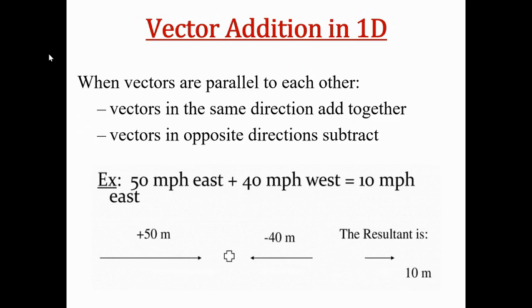We looked at the example below, where if you have a 50 mile per hour vector pointing to the east and a 40 mile per hour velocity vector pointing to the west, the resultant of those would be equal to 10 miles per hour east. We get that by subtracting the values because the vectors are pointing in opposite directions.